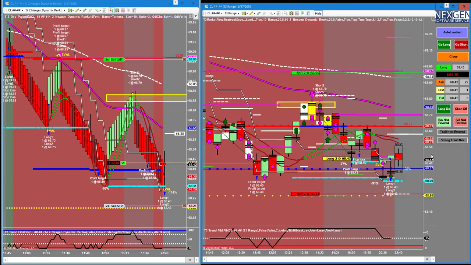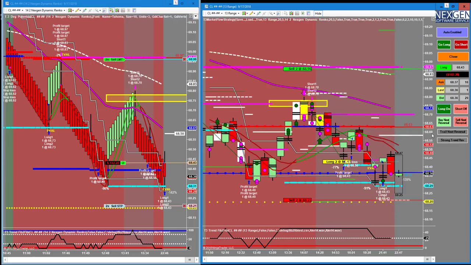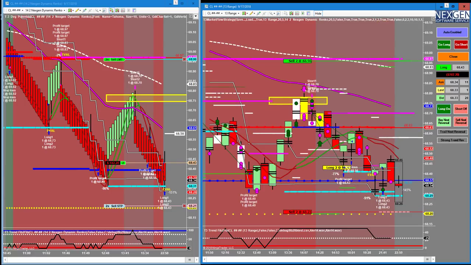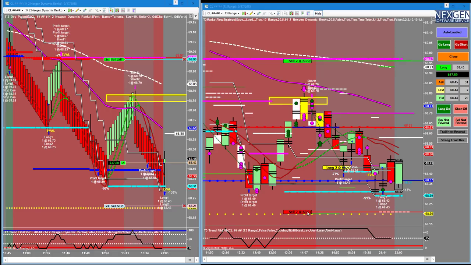And if we get up to Fibonacci resistance, that's the point at which we will really start to either reduce risk or take profit. And I'm a big fan of taking profit into Fibonacci resistance if possible.